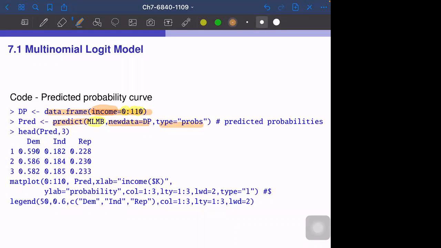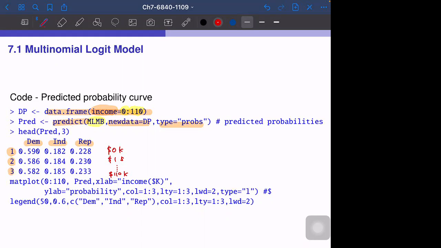We have several types of prediction. And then this is the predicted value: Democrat, Independent, and Republican. This is just the line number. The first one is the income of $0,000, the second one $1,000, and up to 110. So that should have 111 lines.